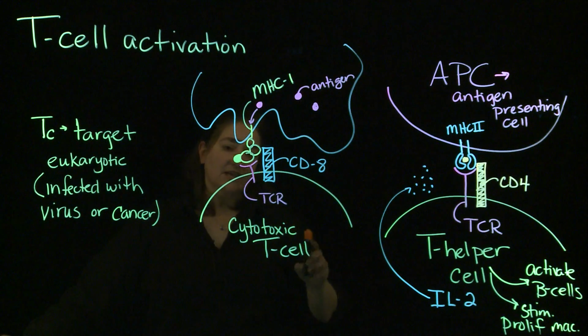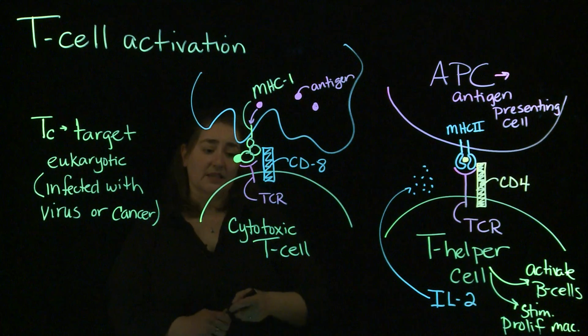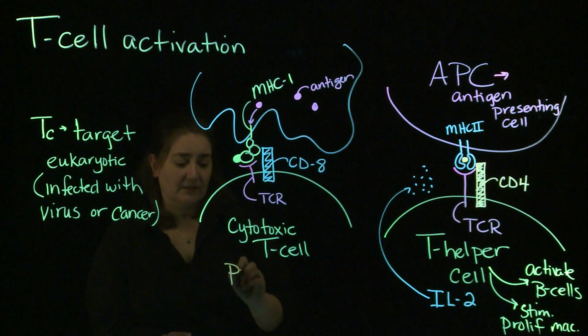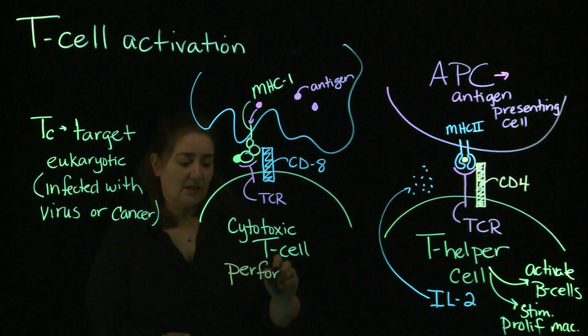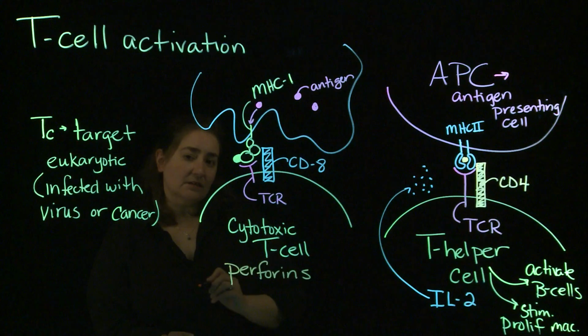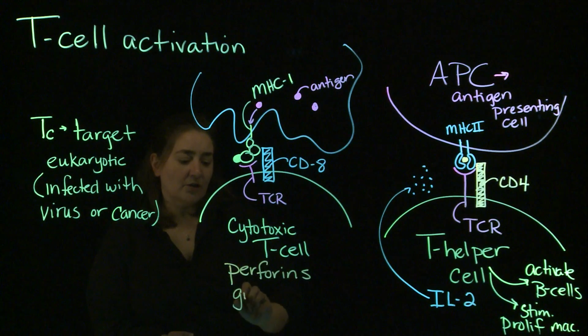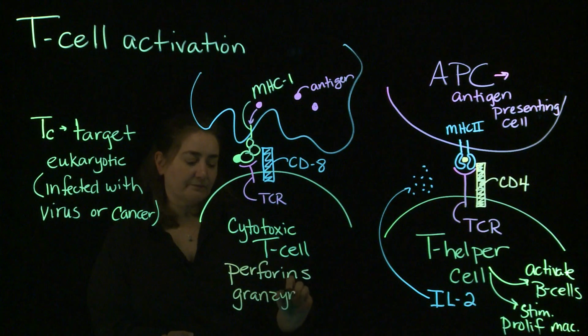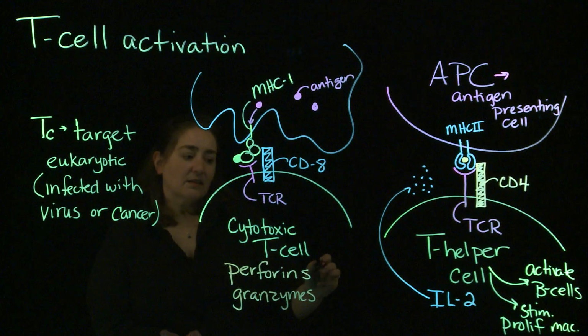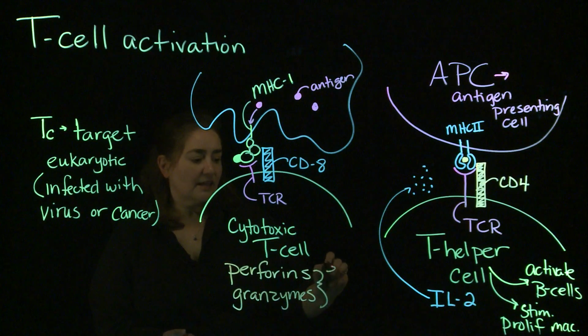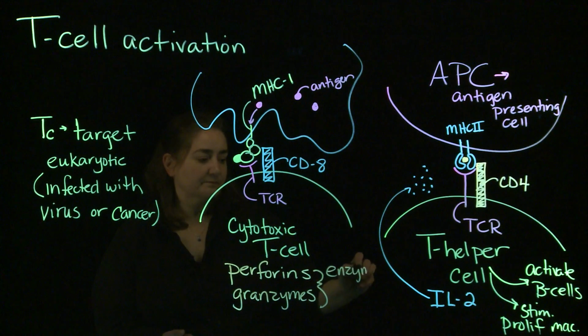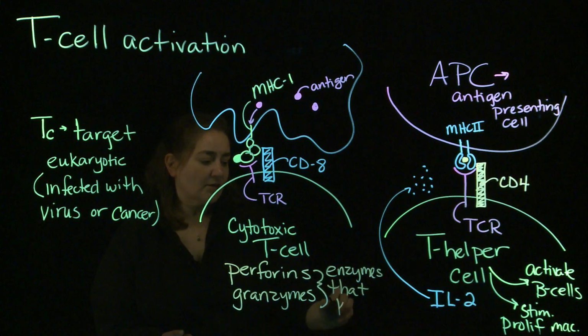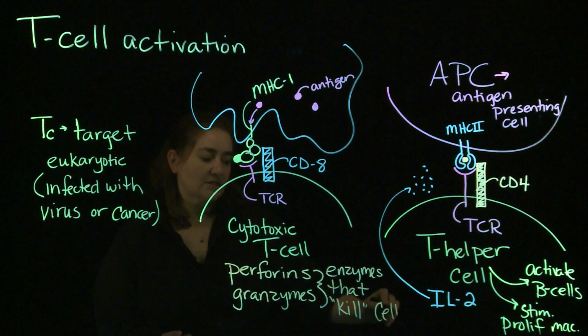How cytotoxic T cells are different from the T helper cells is that inside those cytotoxic T cells are molecules known as perforins and granzymes. These are essentially enzymes that are going to kill our cell.